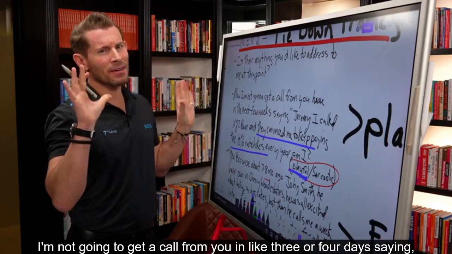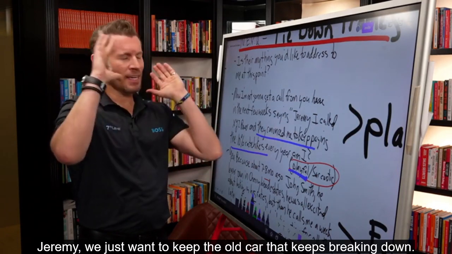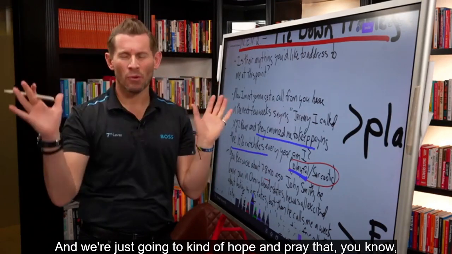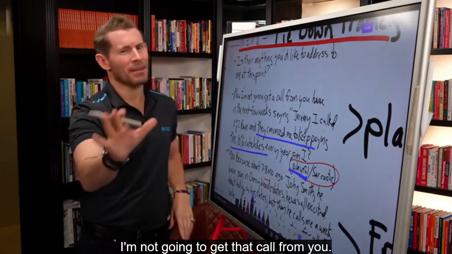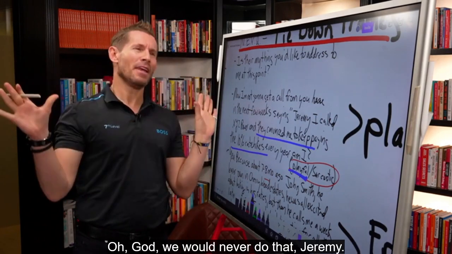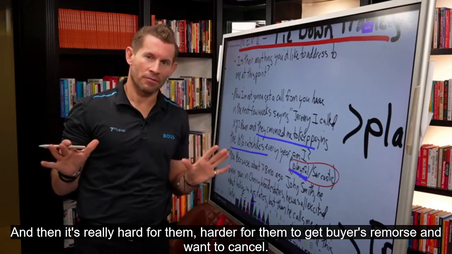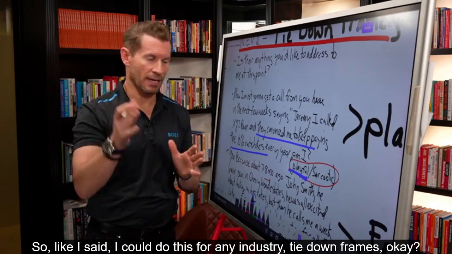Now hold on, I'm not going to get a call from you in like 3 or 4 days saying, Jeremy, we just want to keep the old car that keeps breaking down, and we're just going to hope and pray that it won't break down on the way to work where I lose my job. I'm not going to get that call from you. And they say, oh God, we would never do that, Jeremy. And then it's really harder for them to get buyer's remorse and want to cancel. Like I said, I could do this for any industry, tie-down frames, okay?